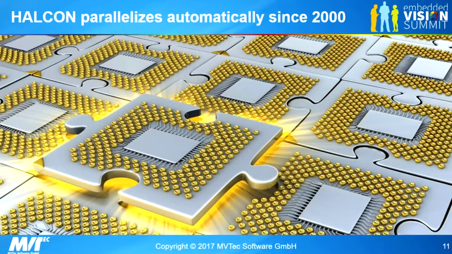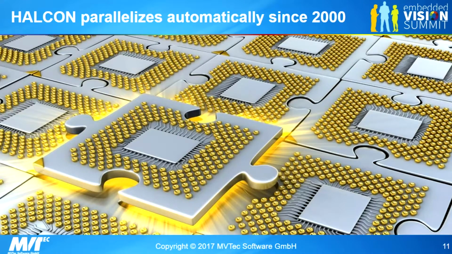Another point which also surprised me a little bit, parallelization. Parallelization is a very old concept in computer vision. I'm sorry to say this, and I'm happy to emphasize that we have included this concept for 17 years now, which means that we take an image, we look at how many kernels we have on the actual CPU, and then we, for example, take the image, split it in 4 pieces, and process each piece on each core.